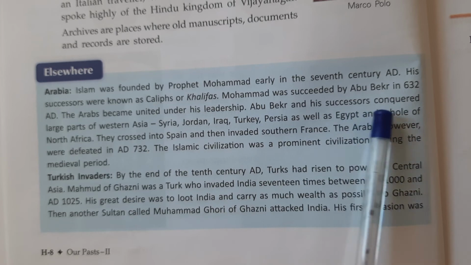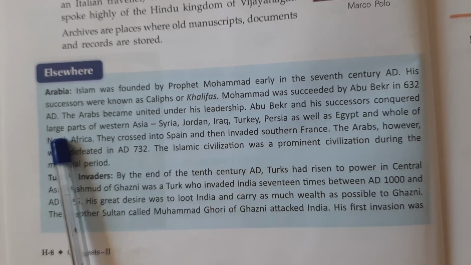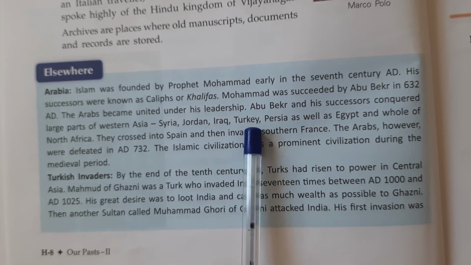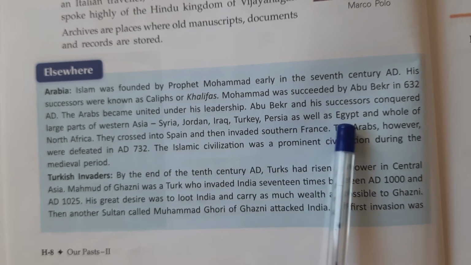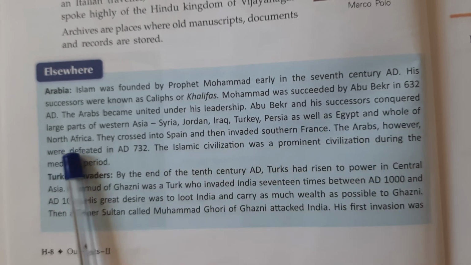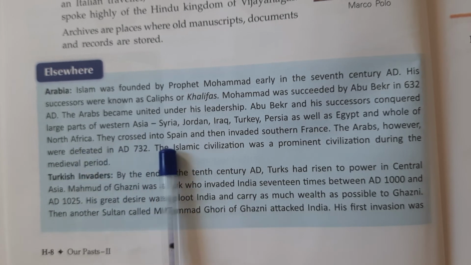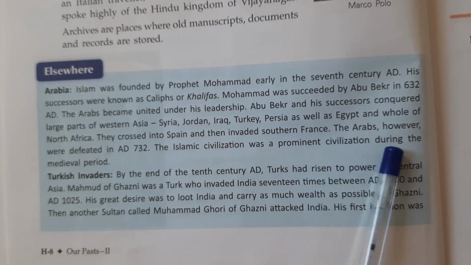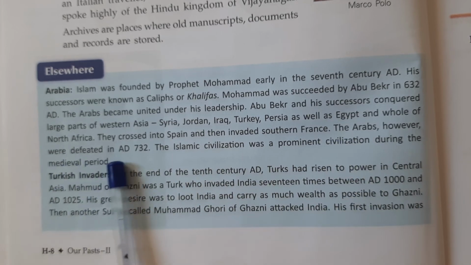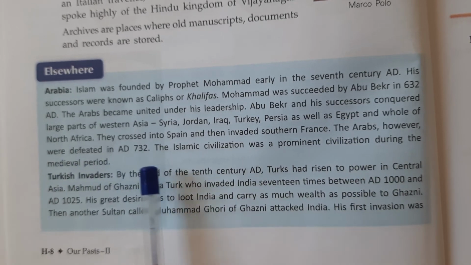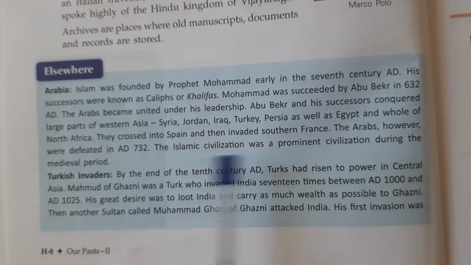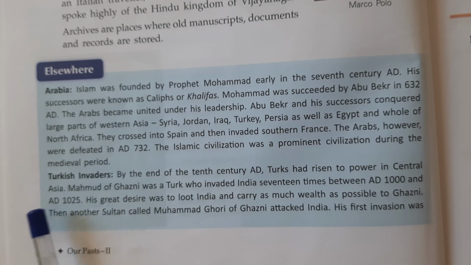Abu Bakr and his successors conquered large parts of Western Asia, Syria, Jordan, Iraq, Turkey, Persia, as well as Egypt and whole of North Africa. They crossed into Spain and then invaded southern France. The Arabs, however, were defeated in AD 732. The Islamic civilization was a prominent civilization during the medieval period.